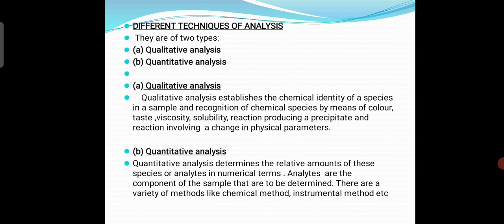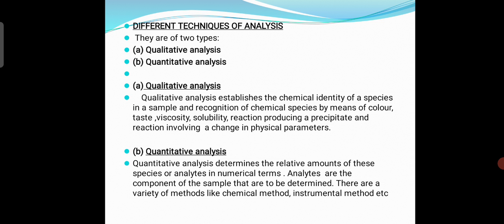Then, different techniques of analysis. So, there are two types, that is qualitative analysis and quantitative analysis. Qualitative analysis means we are identifying a sample by means of color, taste, viscosity, solubility, etc. Then quantitative analysis. Quantitative analysis means we are identifying a sample in terms of numerical values.